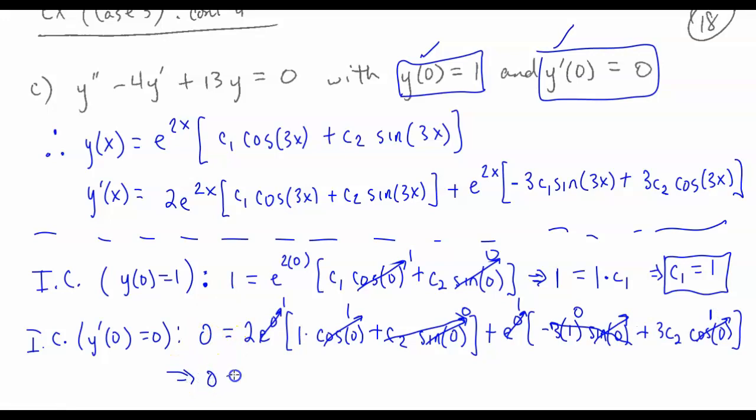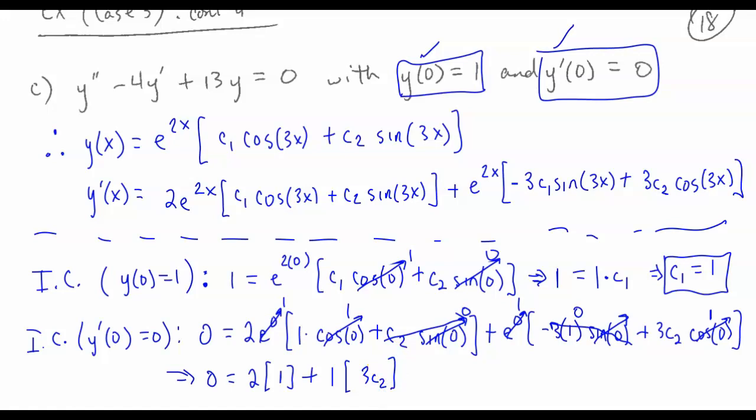So now we have 0 is equal to 2 times, inside of here we have just 1 plus 0, so that's 1 there, plus 1 times, we have 0 plus 3c2, so that's just going to be 3c2.